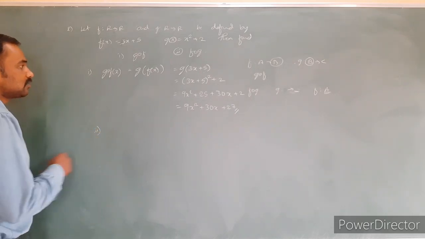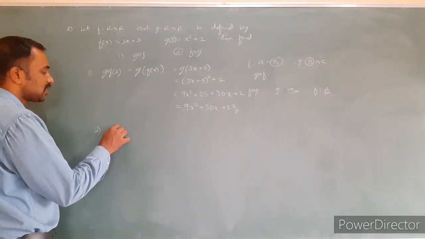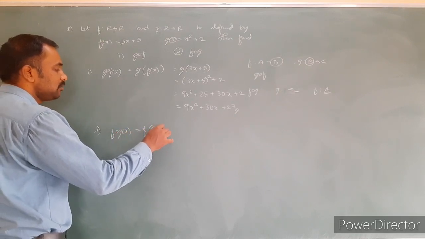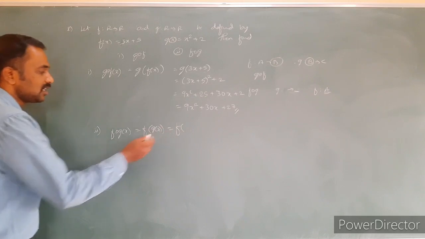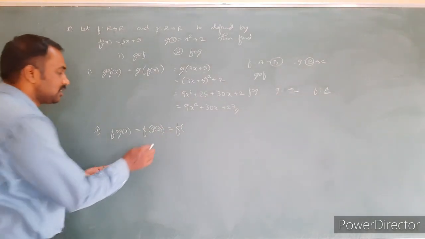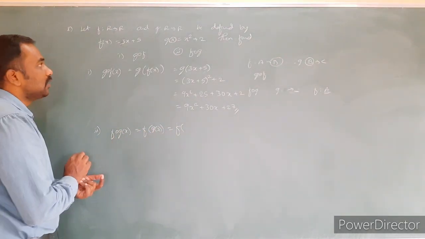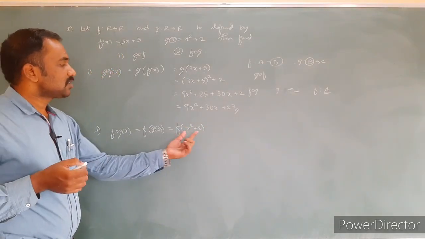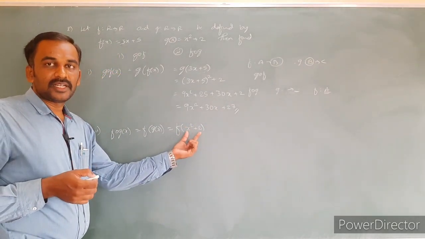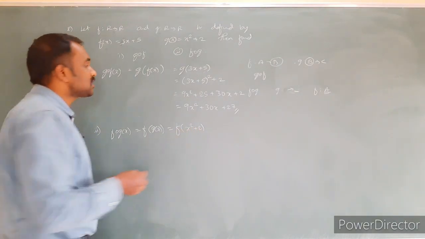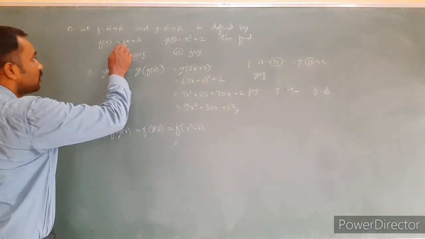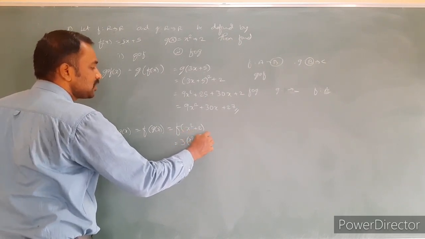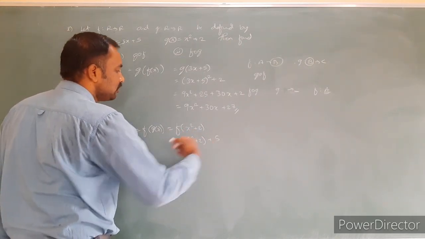Similarly, the second case. What is the second case? f circle g of x. What is f circle g? f of g of x. First of all, in this case we have to write the inside value. Inside value is nothing but g of x. What is the g of x value? x square plus 2. Now, wherever x is there in the given function f of x, replace x square plus 2. 3 as it is, in place of x, x square plus 2, plus 5 as it is.